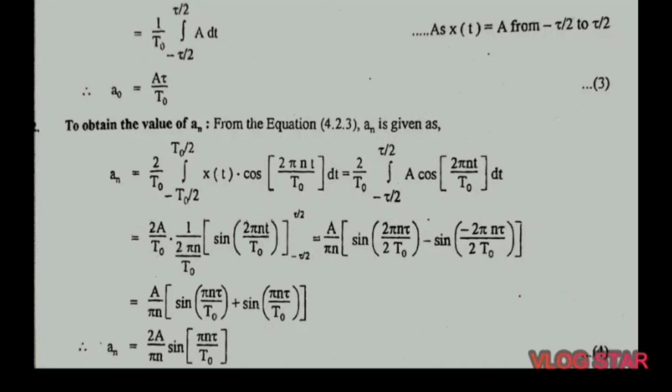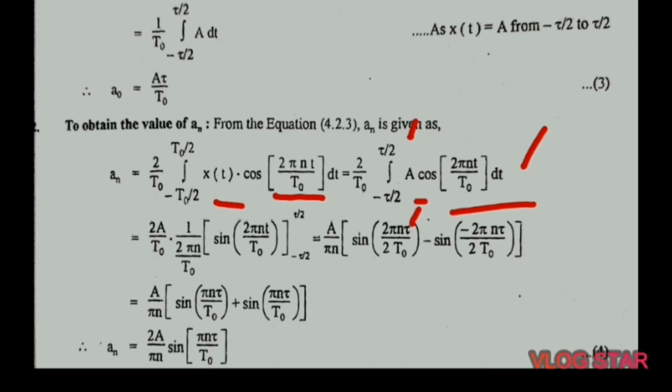Second is to obtain the value of an. an is equal to 2 upon T0 times the integration from minus T0 by 2 to plus T0 by 2 of x(t) cos(2 pi nt by T0) dt. So here 2 by T0, then the integration is from minus tau by 2 to plus tau by 2. x(t) is given, that is A, and the cos term stays as it is, cos(2 pi nt upon T0) dt.